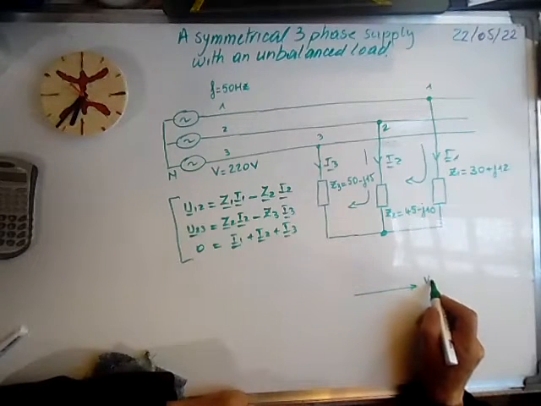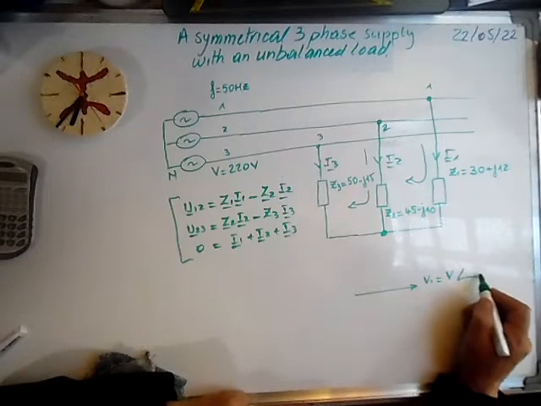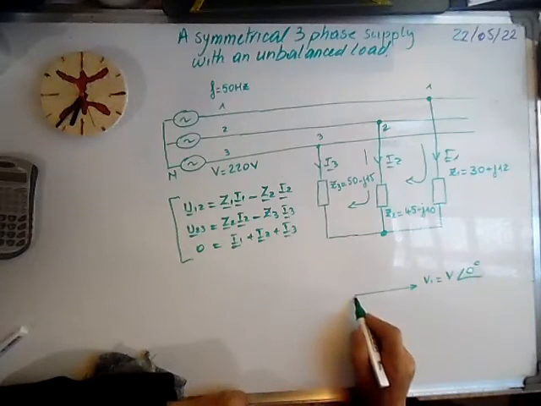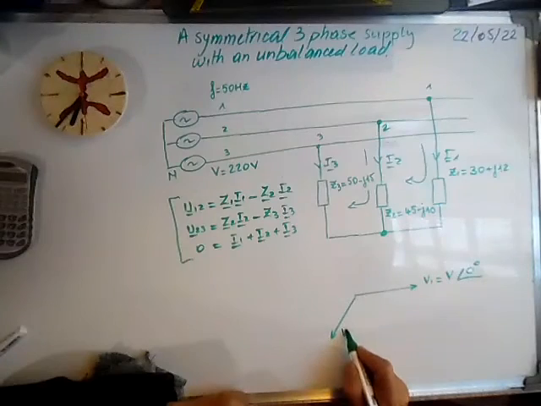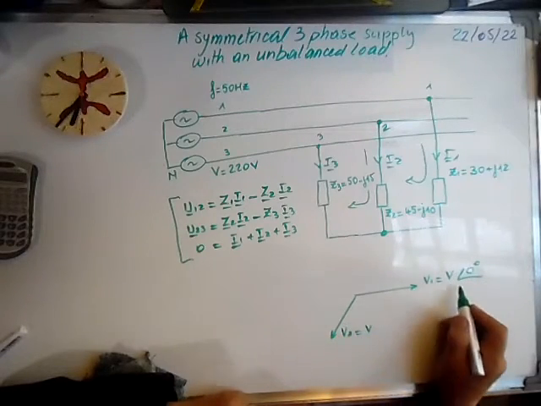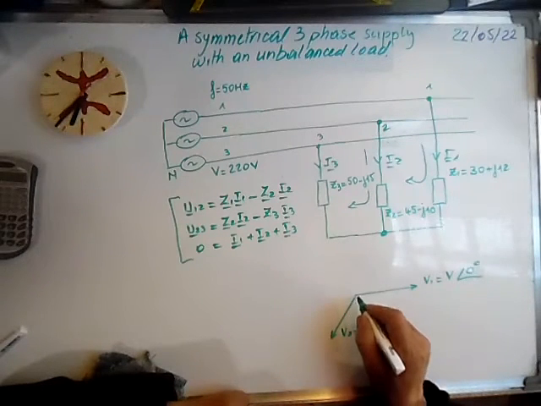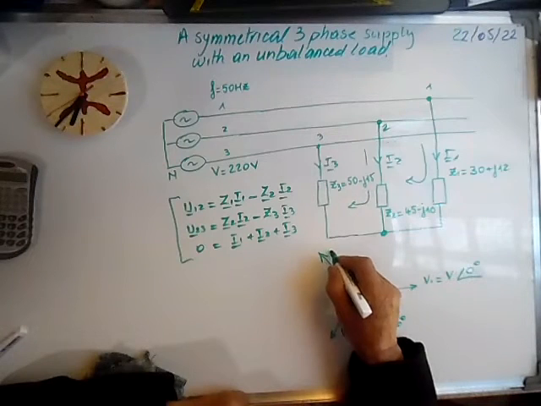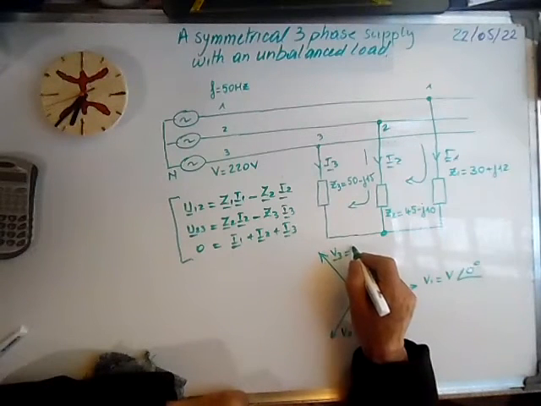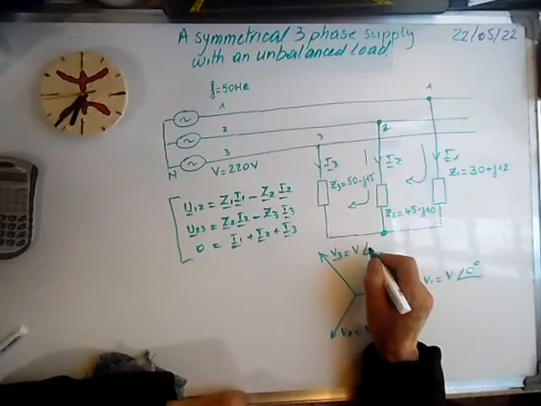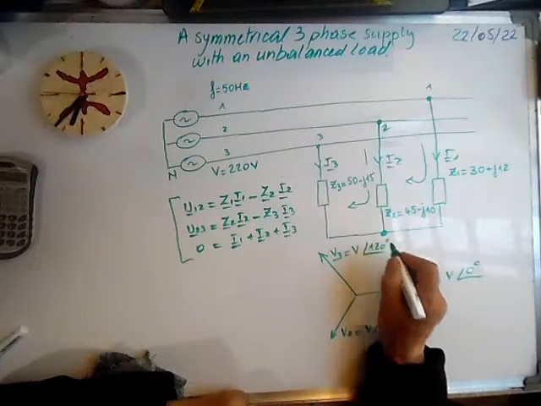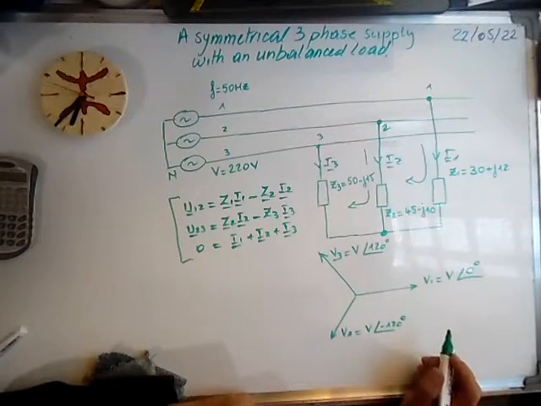If V1 is equal to V at 0 degrees, V2 is equal to V, the phase voltage of 200, at minus 120 degrees, V3 is equal to V at plus 120 or minus 240.